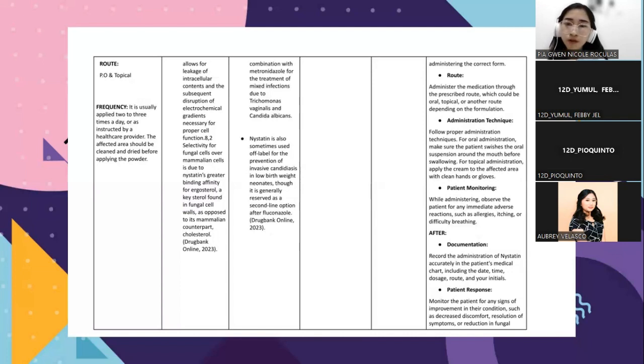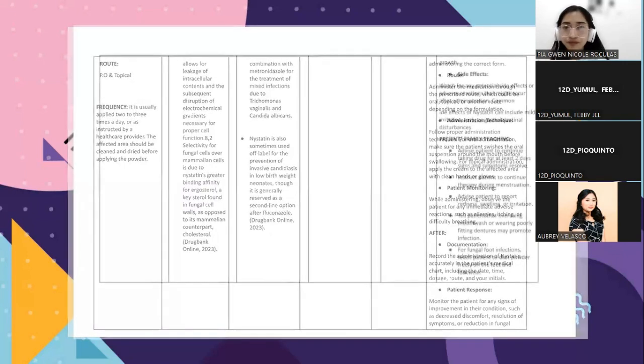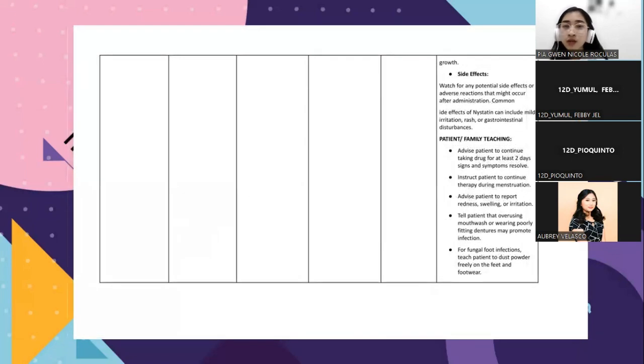So monitor the patient for any signs of improvement in their condition, such as decreased discomfort, resolution of symptoms, or reduction in fungal growth. So side effects. Watch for any potential side effects or adverse reactions that might occur after administration. Common side effects of the drug can include mild irritation, rash, or gastrointestinal disturbances. So we really have to watch out with that.